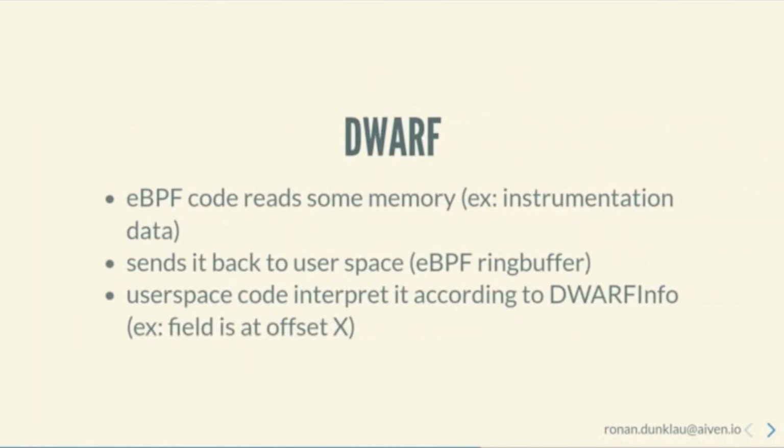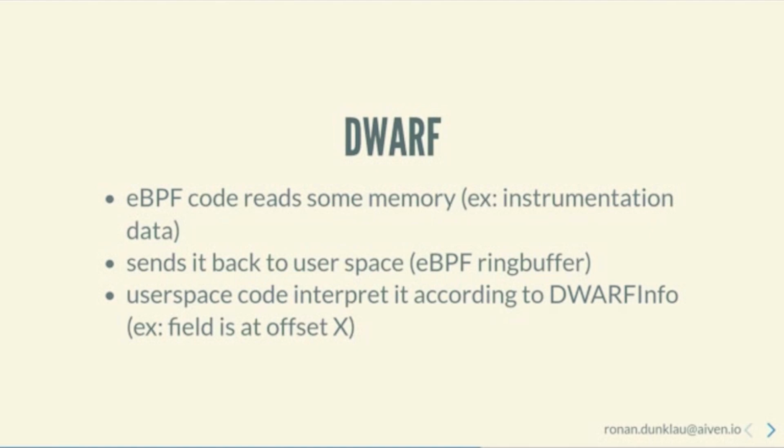So how do we use this information? Using it, we compute the specific memory offsets we need to read. For example, if we are instrumenting a function which takes a node as its first argument, we know from the debug information that the node tag is right at the start of the struct.